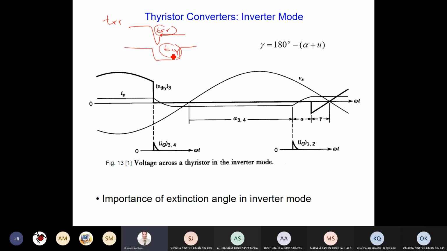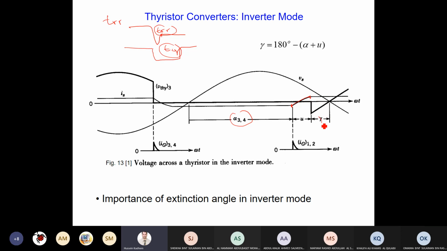This needs to be considered in inversion mode. How? Have a look. Let's assume the same previous waveform, but here thyristors 3 and 4 trigger at this point. As I mentioned, U will come here, commutation, with thyristors 1, 2, 3, 4 all conducting. At this point commutation is supposed to be off, and the current is taken by thyristors 3 and 4 from 1 and 2. But 1 and 2 still have internal charge in the junction.